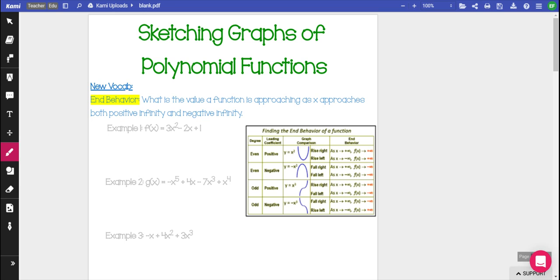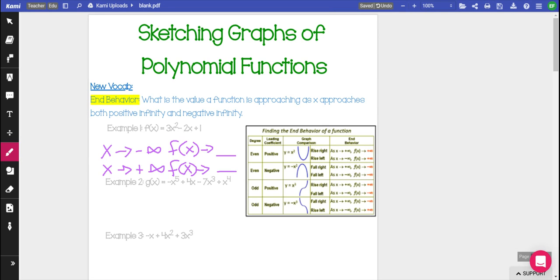So for our end behavior, we want to know as x approaches negative infinity, our function is going to approach something. As x approaches positive infinity, f of x, again, will approach something. And we just have to figure out what that something is.